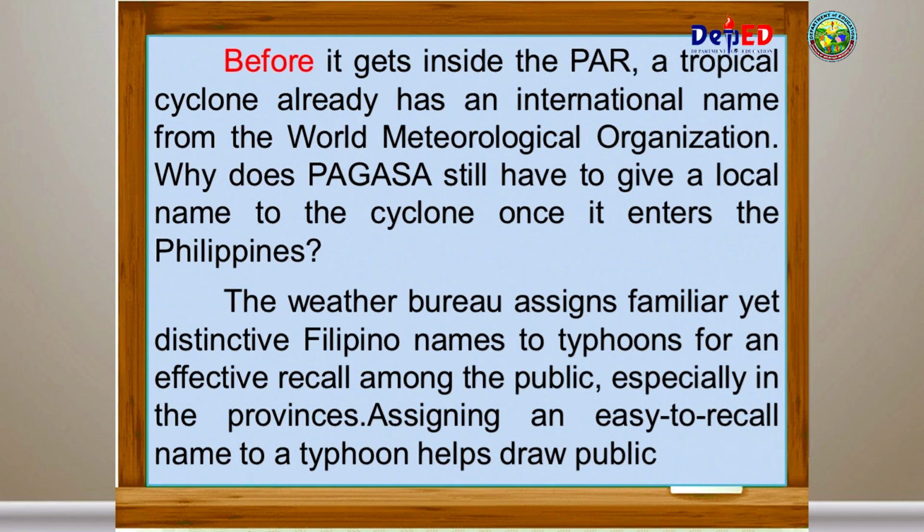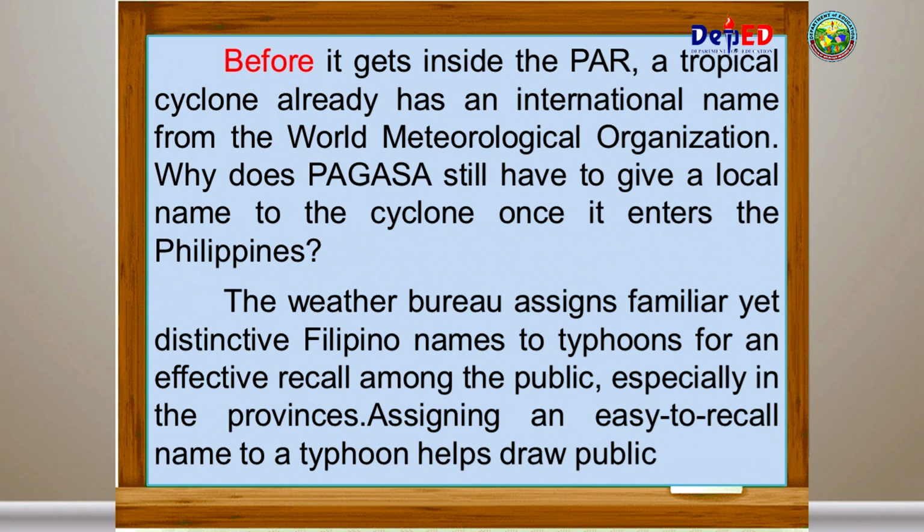Before it gets inside the PAR, a tropical cyclone already has an international name from the World Meteorological Organization. Why does PAG-ASA still have to give a local name to the cyclone once it enters the Philippines? The Weather Bureau assigns familiar yet distinctive Filipino names to typhoons for an effective recall among the public, especially in the provinces.